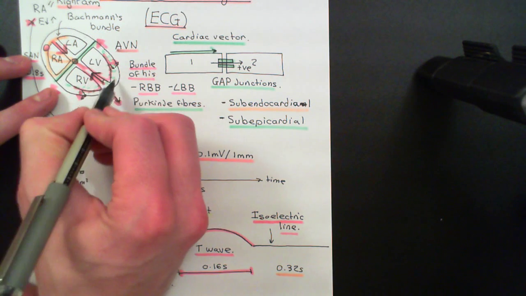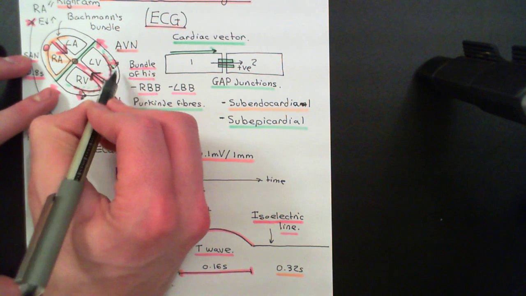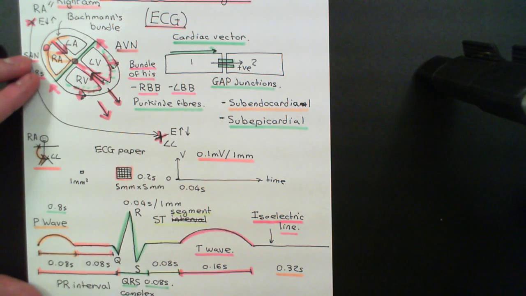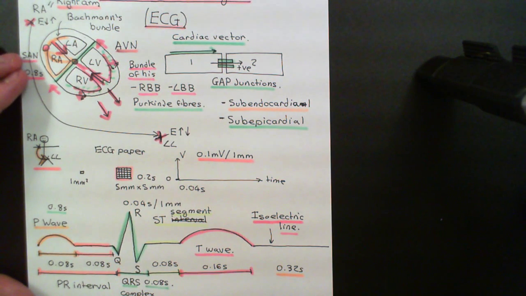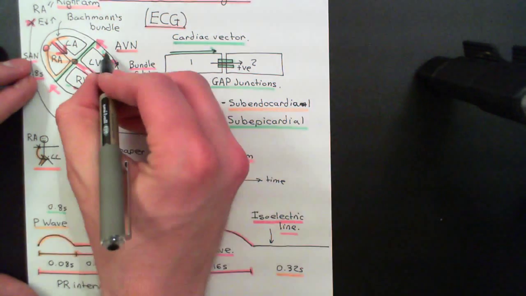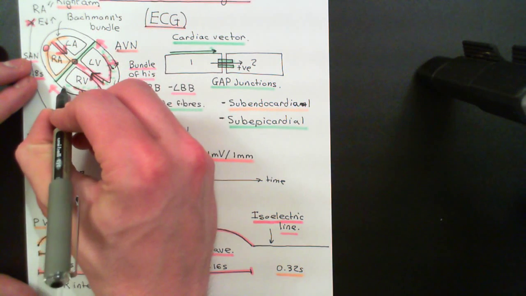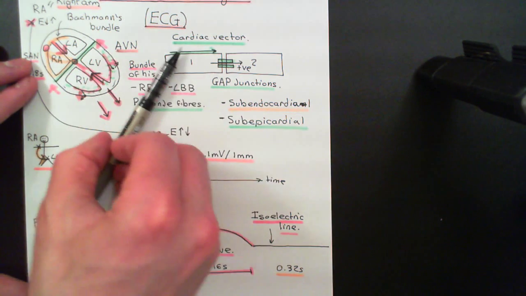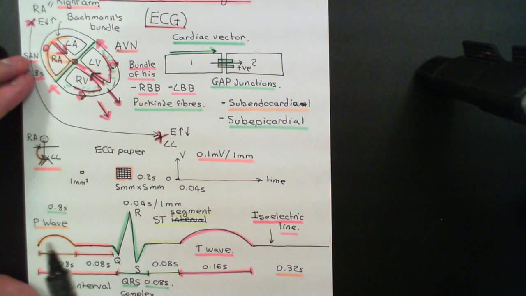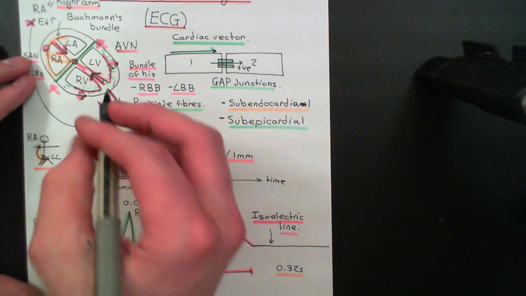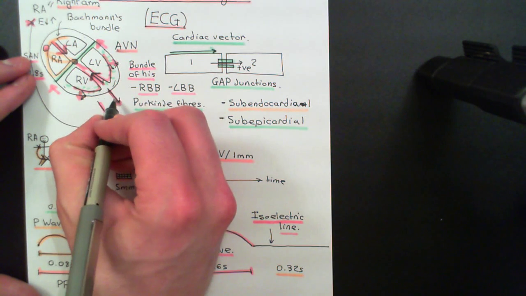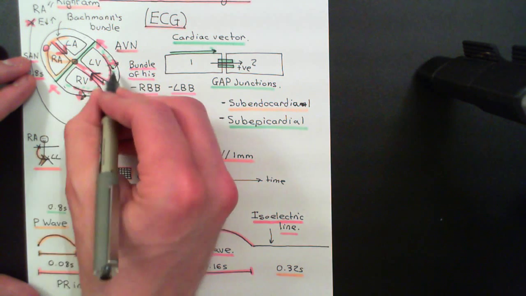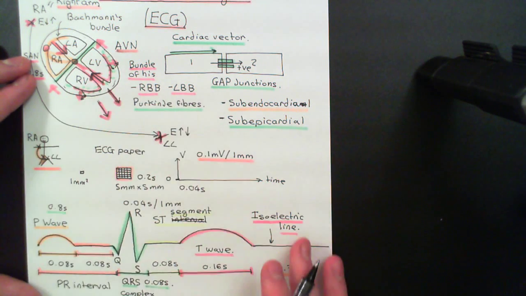Even though that was the last bit to depolarize, it repolarizes first because its action potential plateau phase is shortest. Okay, so the wave of repolarization spreads in towards the subendocardial myocardium, and therefore overall the movement of current, positive charge, is outwards towards the subepicardial myocardium.